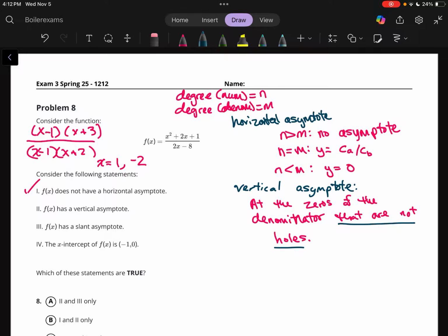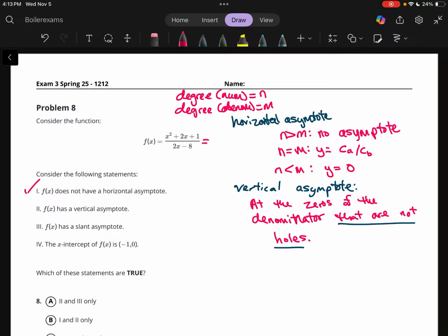So in this case, if x is equal to 1, the numerator is equal to 0, and the denominator is equal to 0. So 1 can't be an asymptote because it's a hole. So -2 is our only asymptote. Okay? So that's a trick to keep your eye out for.